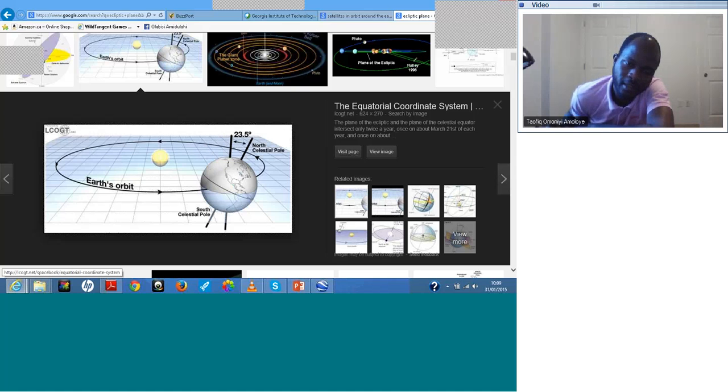That means the equatorial plane at some point will coincide with the ecliptic plane, and at some point will also be tilted to this side of the ecliptic plane, and that's what brings about the changes in the season, most noticeable in the very northern or the very southern hemisphere. So we go on.